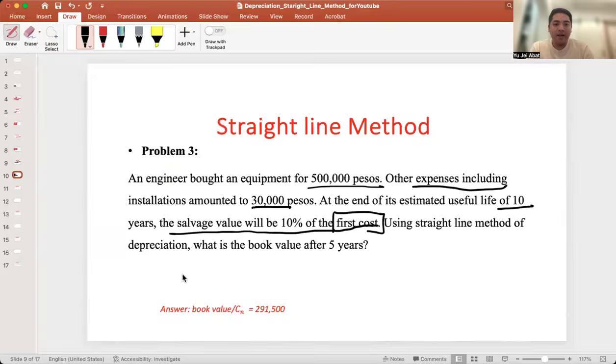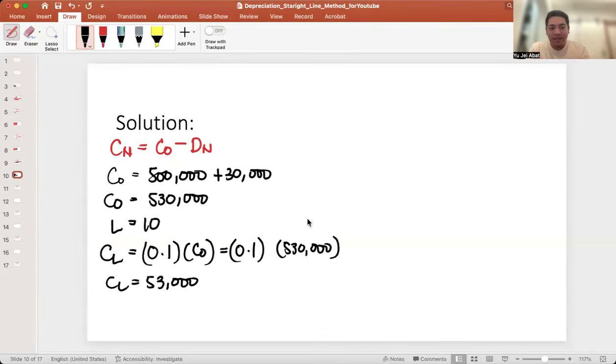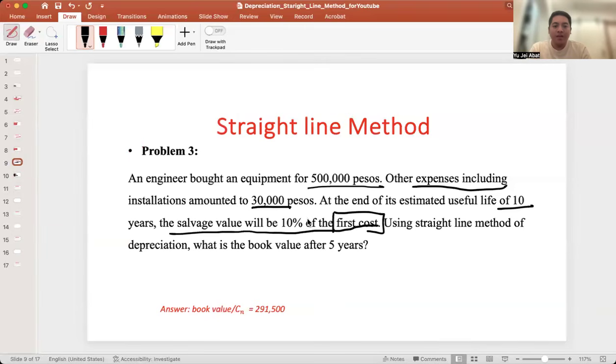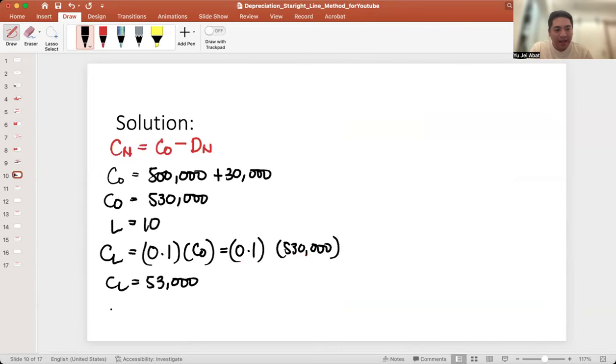That's the C sub L. Using straight line method depreciation, what is the book value after 5 years? So we have an N of 5 years.